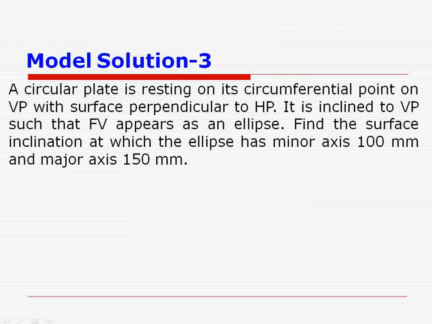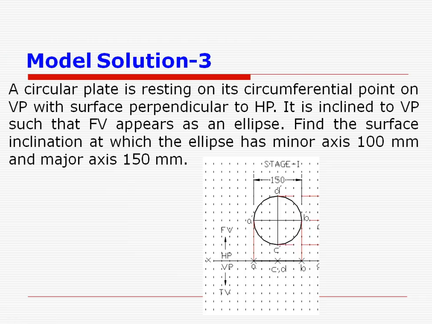Because the circumferential point has to be retained in VP, let the first stage be assumed as in VP. So first stage we assume that the circular plate is in VP, so its top view will be a line on XY line.